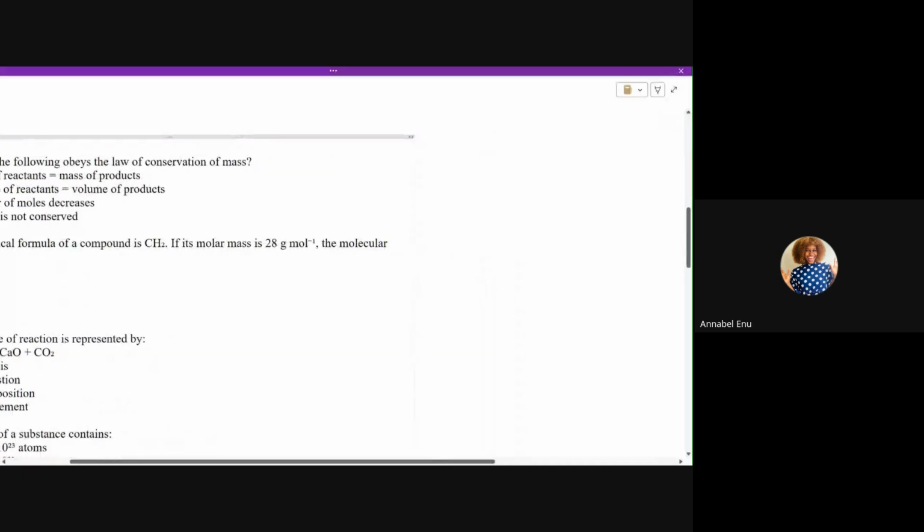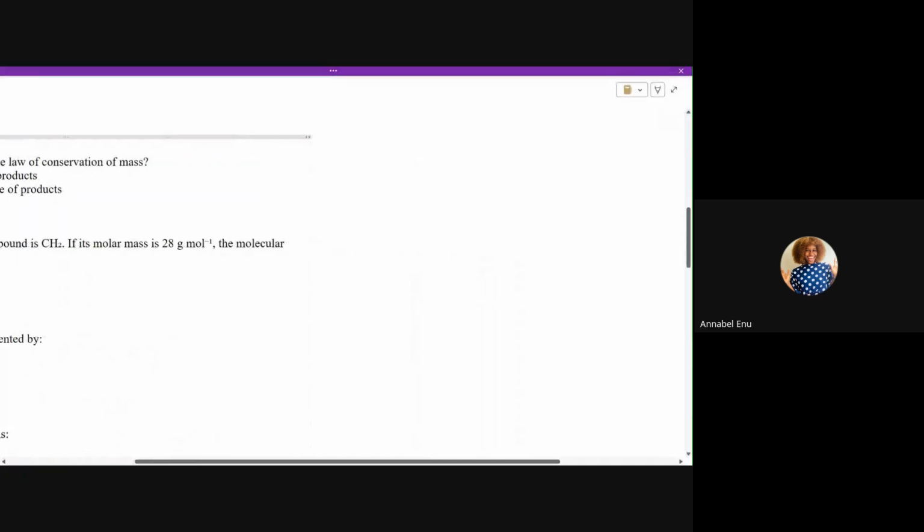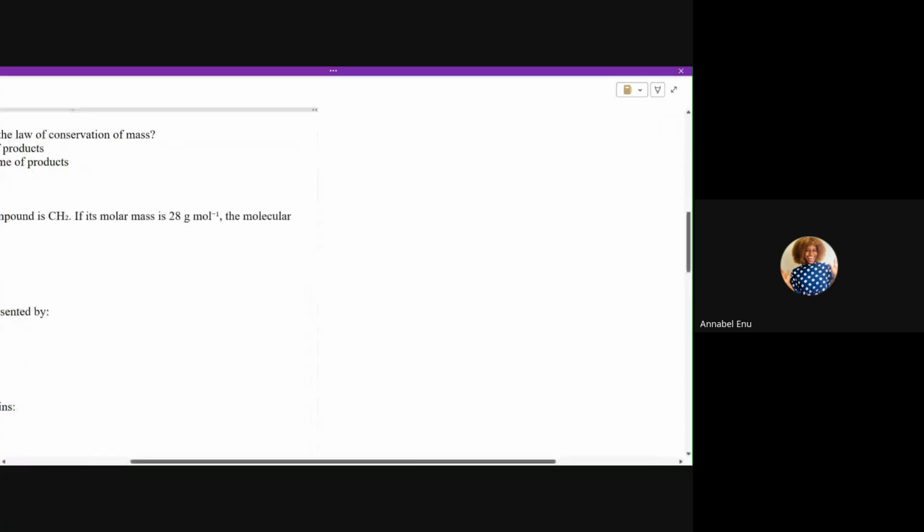Now, I believe empirical and molecular formulas are what we have already been taught. Things like these you can do on your own, but let us look at it together.